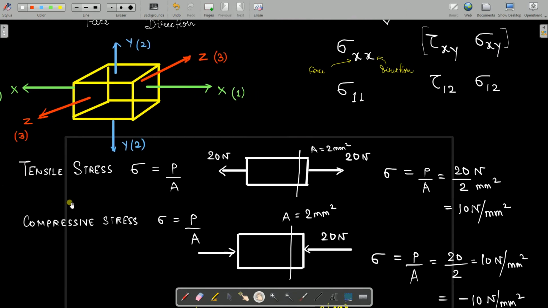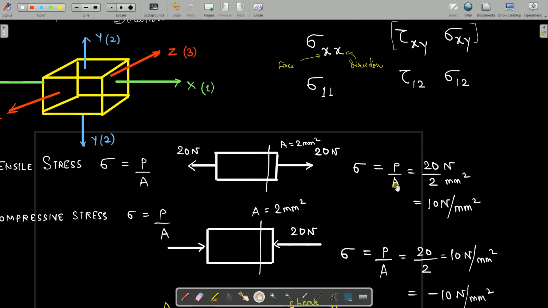Moreover, we talked about tensile stress, and I told you this tensile stress is given as P by A, which is the normal force per unit area. So let us consider we have a normal load which is tensile in nature. This is a block, and the load is pulling it. The load value is 20 Newton, area is 2 mm square. So here you can write sigma is equal to P by A, 20 by 2 Newton per mm square.